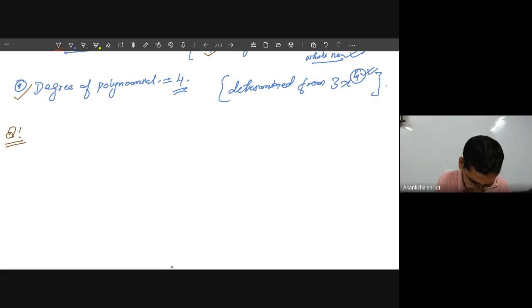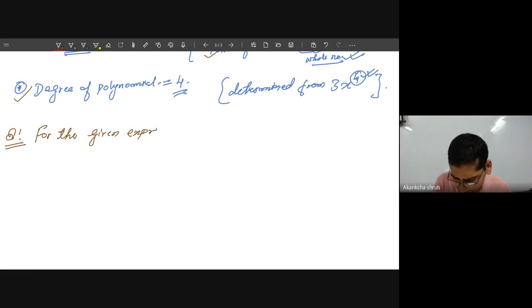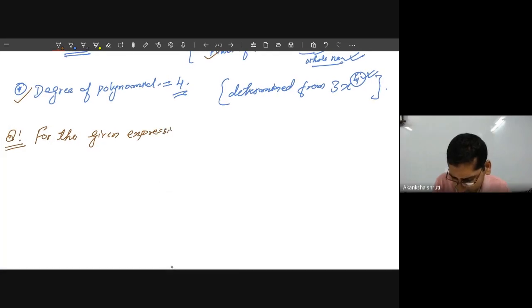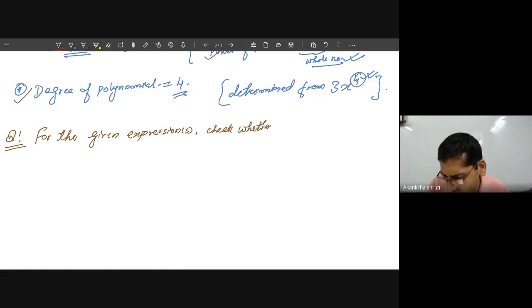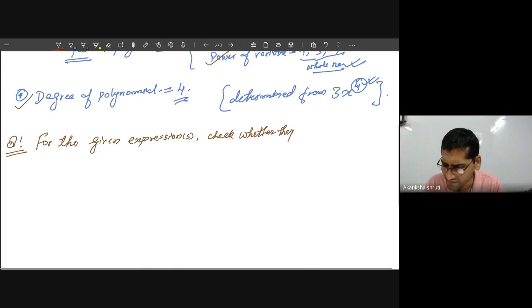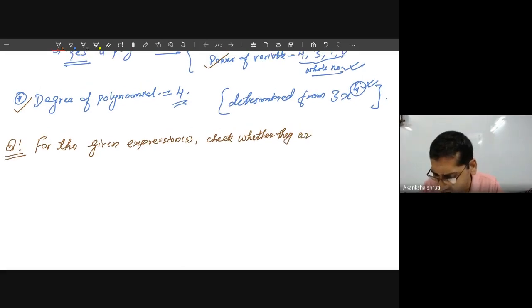So for the given expression or expressions, you have to check whether they are polynomial or not.